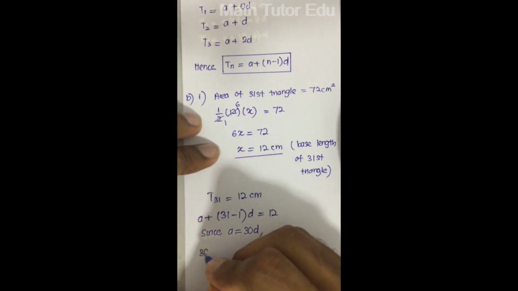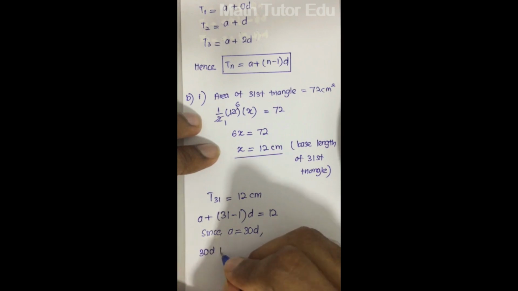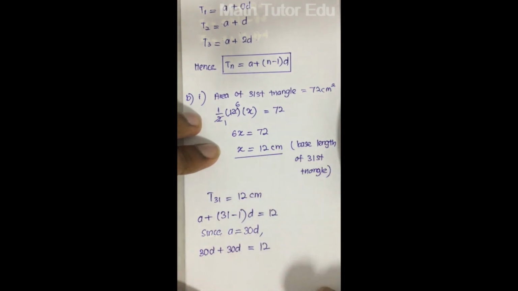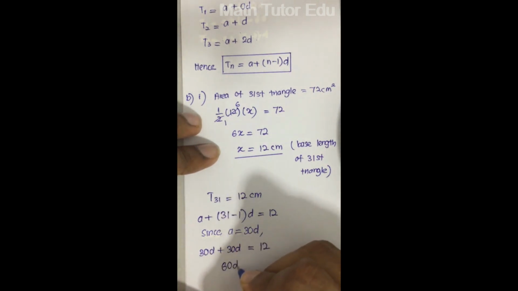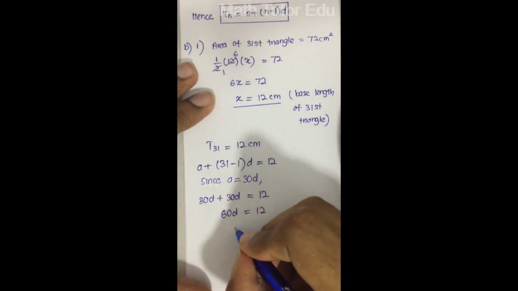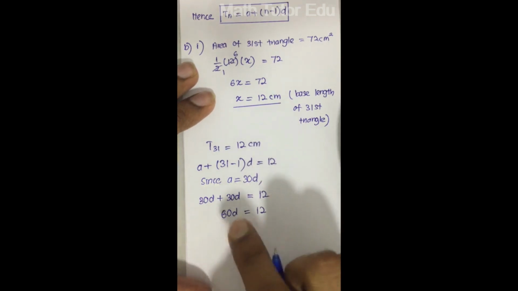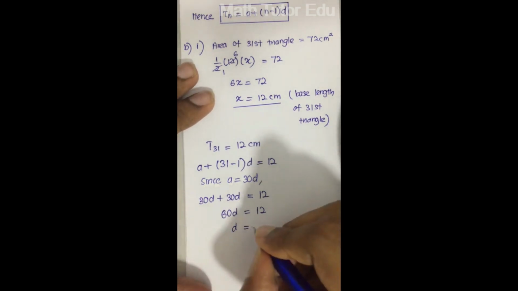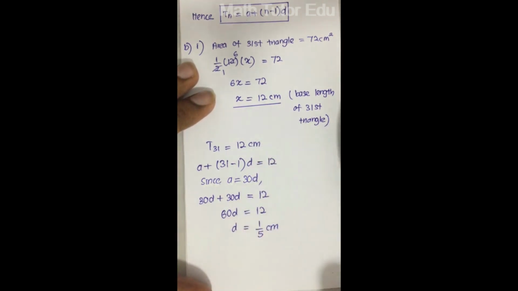So 30d plus 30d is equal to 12. 30d plus 30d is equal to 60d. So 60d is equal to 12. To find the common difference, you divide 12 by 60. You solve this, you should get your common difference d equals 1 over 5 centimeter.